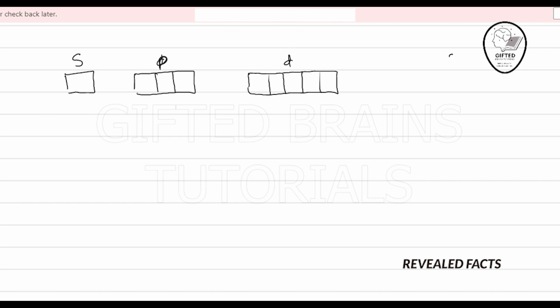Even our f will be drawn somewhat bigger and has 7 boxes inside.